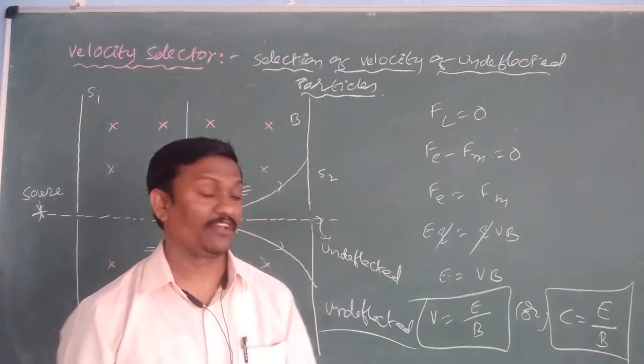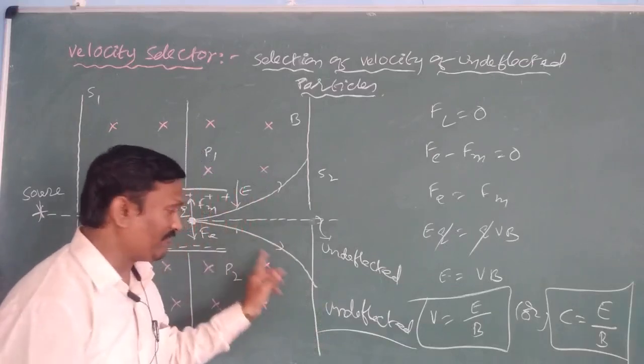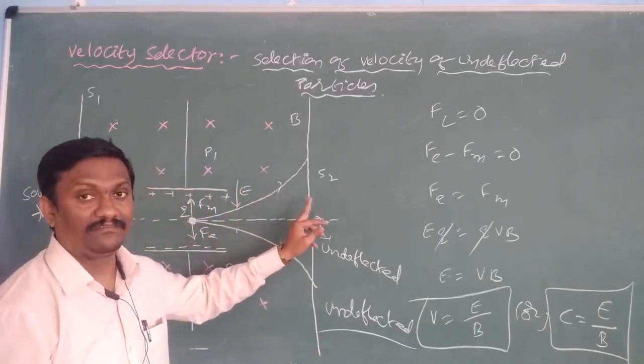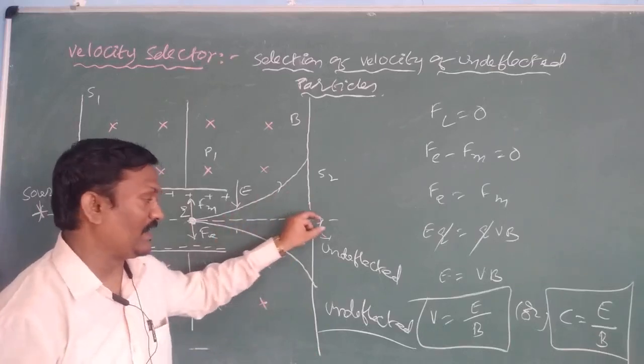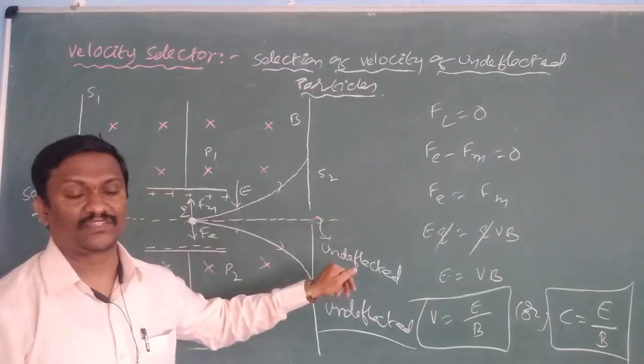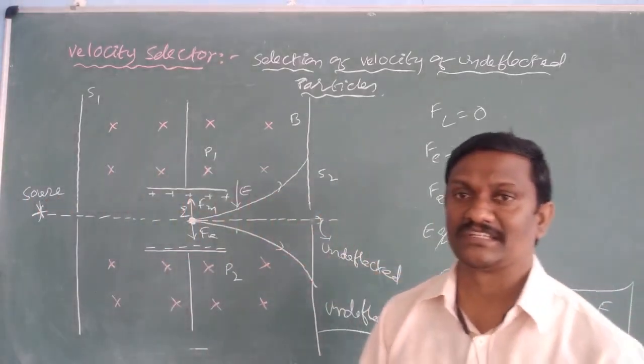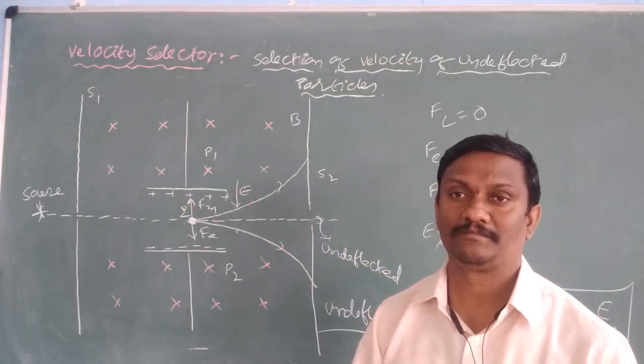We are not selecting downward deflecting particles, and we are not selecting upward deflecting particles. We are collecting only undeflected particles. So the selection of velocity of undeflected particles is called a velocity selector.